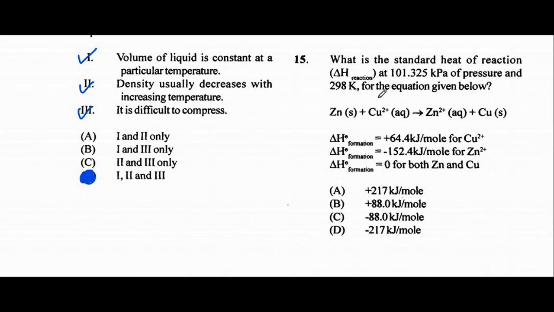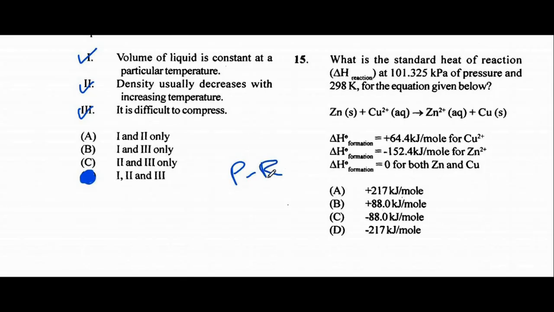Alright, now to find the heat of a reaction, PR, you subtract products minus reactants. P is for products, R is for reactants.